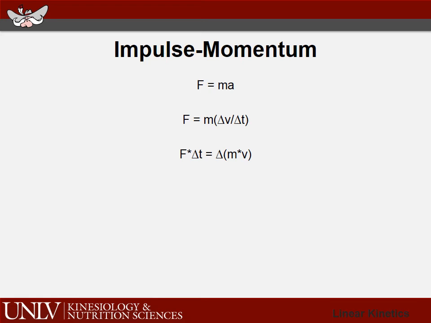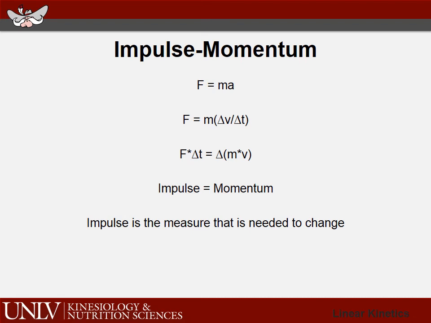Now we have on the left-hand side force times time, and on the right-hand side mass times velocity. That equals impulse on the left and momentum on the right. So this is how you derive it from F equals ma. The impulse is the measure that is needed to change the motion, or the momentum, of the object.